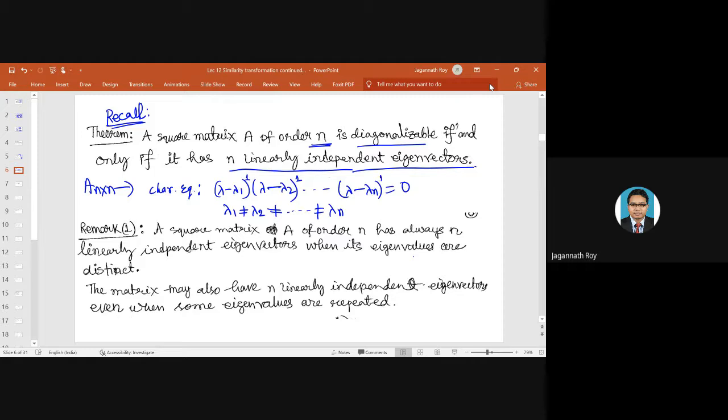N factors are there, each with multiplicity 1, so we don't have to worry about it. Difficulty comes when eigenvalues are repeated. For that we have to check the number of linearly independent eigenvectors. So you have to be careful about it.